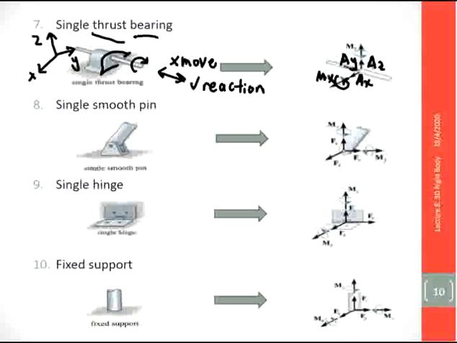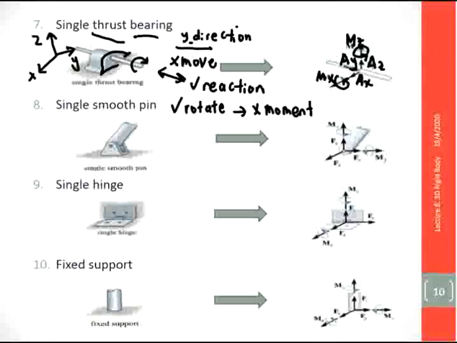But for the y direction, it can rotate, so no moment reaction. So there is no moment reaction at y, but at the z axis it also cannot rotate. So that's why it has moment Mz here.